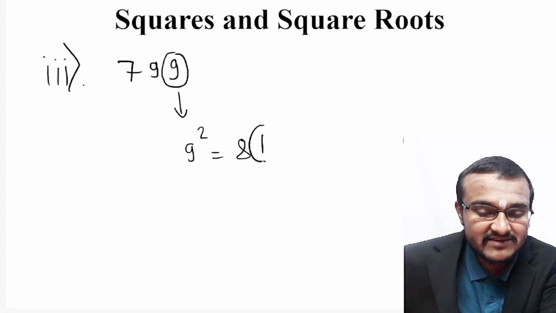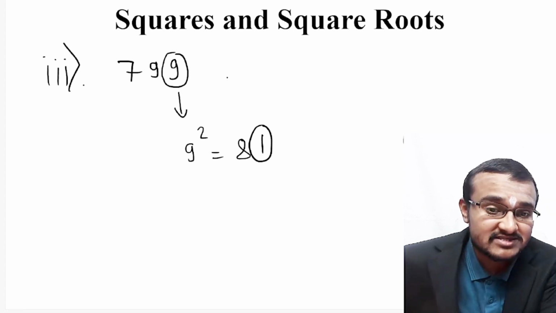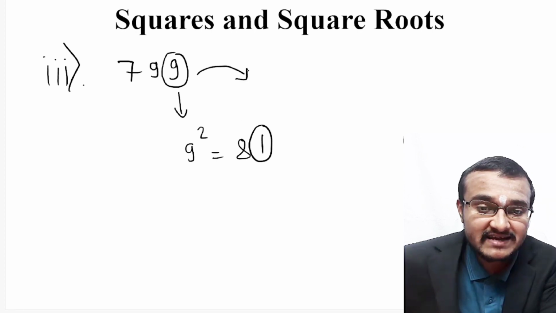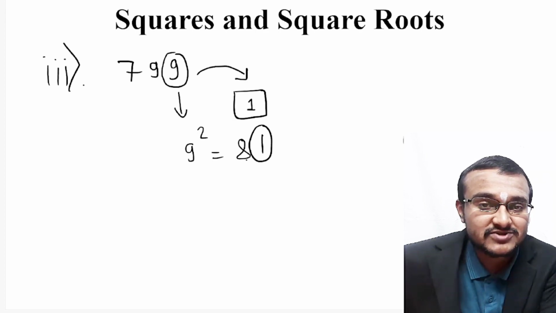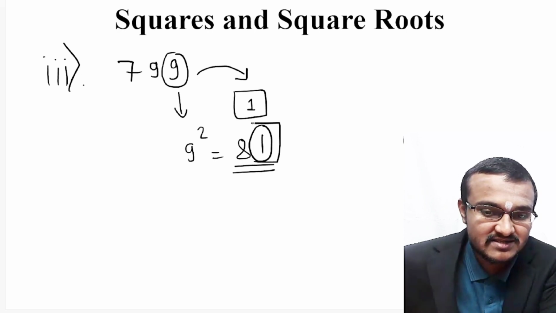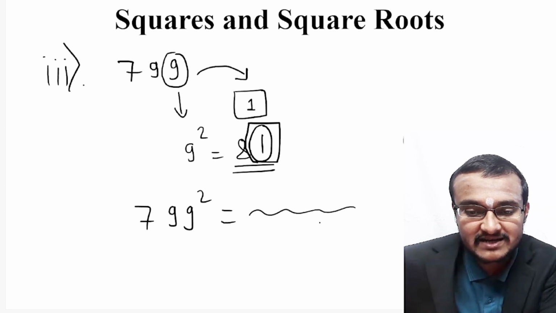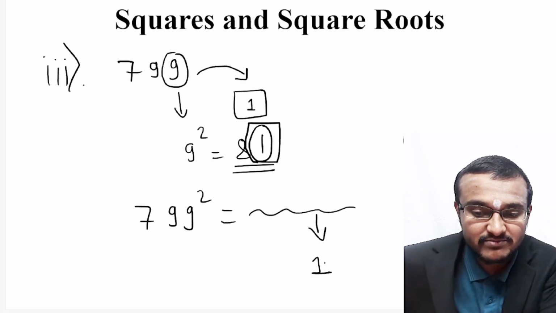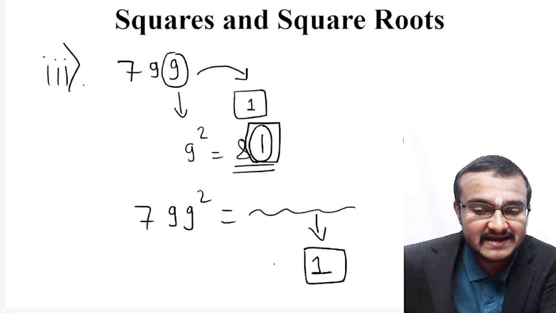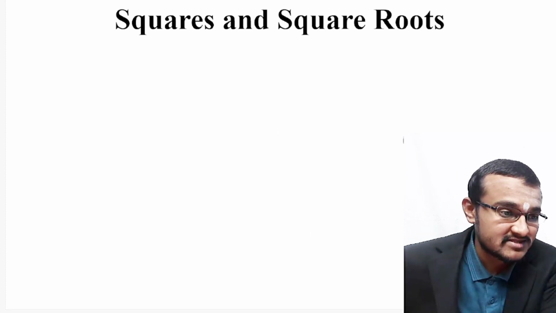What is 81 ending with? 1. That means the square of 799 will be ending with the number 1. Here you are getting two digits, but you should just consider the ending digit, that is 1. So if you do the square of 799, you will get a number, and this number will be ending with 1. This is the answer for the third question.